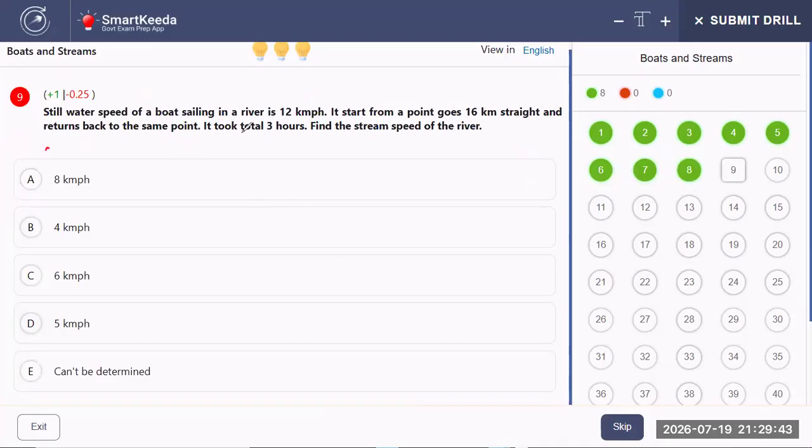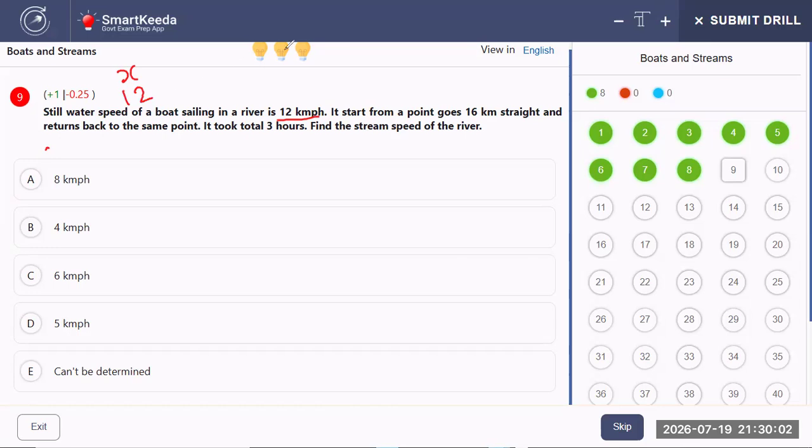The still water speed of a boat sailing in a river is 12 kilometers per hour.